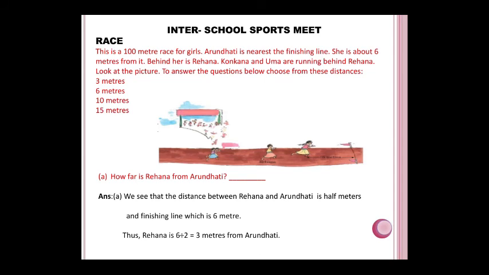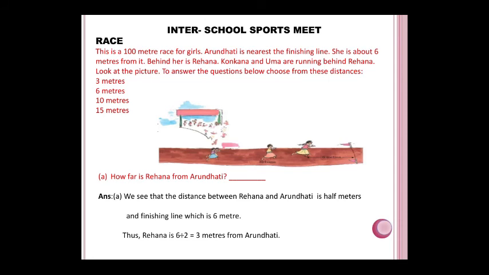Now question, how far is Rehana from Arundhati? You can observe here Arundhati to the finishing line is 6 meters, and Rehana to Arundhati is half of it. Means the distance between Rehana and Arundhati is half of the 6 meters to the finishing line.